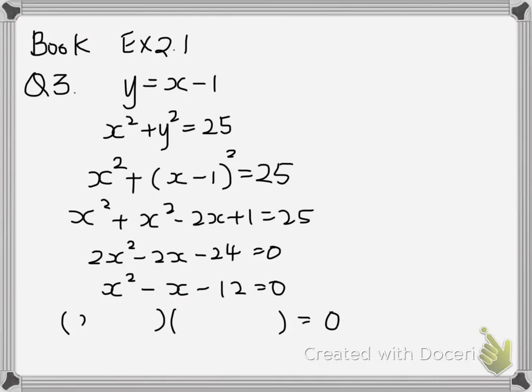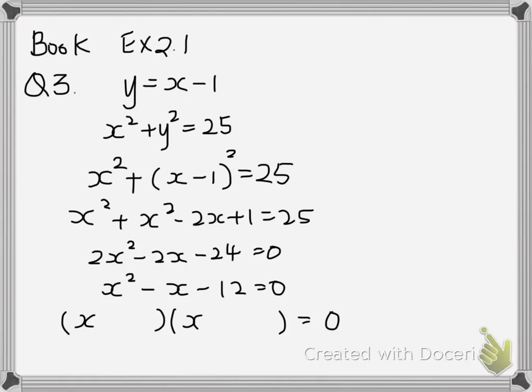Okay, so the first term, obviously it would be x, because x multiplied by x gives you x squared. Now what you need to do is to find two numbers whose product is negative 12, and whose sum is negative 1. Okay? The product is the third term, and the sum is the second term.